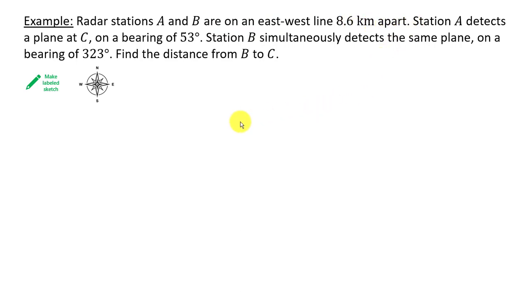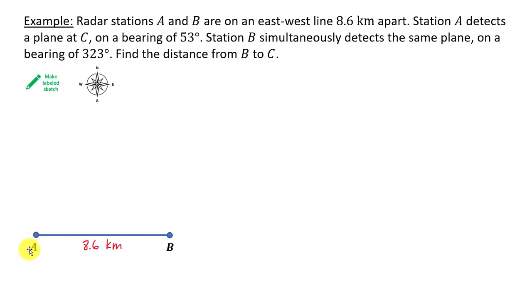What is an east-west line? Well, here's east, here's west. An east-west line is just a horizontal line. Like that. Station A, station B, east-west line, 8.6 kilometers apart. I'm going to add that. Next, station A detects a plane at point C, on a bearing of 53 degrees.